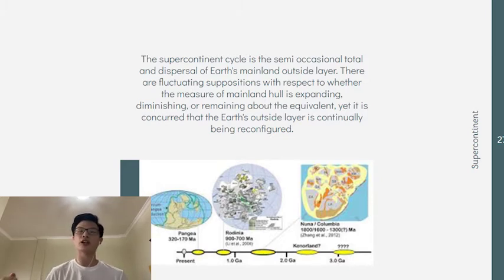So in the early beginning of the Earth, we had some basic types and basic maps that over time evolved into the Earth that we know right now. Back then we had only about 2 or 3 continents, and now we have 5 continents: Asia, Africa, America, Europe, and Australia.